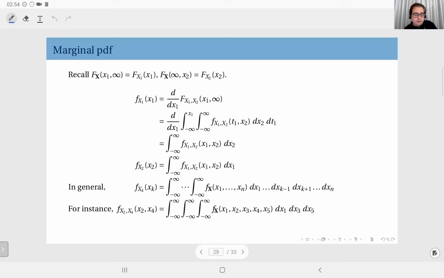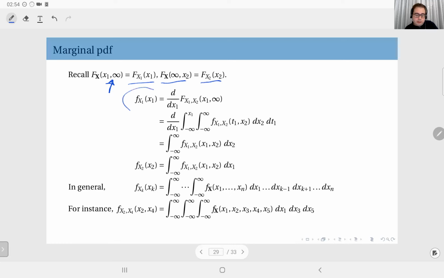Okay, so let's see how we can obtain marginal PDFs from joint PDFs. Recall for CDFs, if you take the limit as x2 goes to infinity, you get the marginal CDF of x1. Or if you take x1 to infinity, you get the marginal CDF of x2.